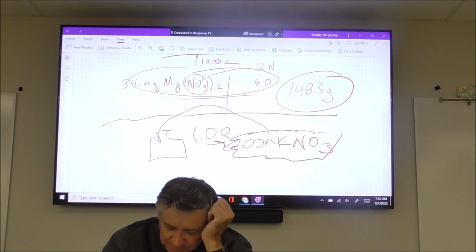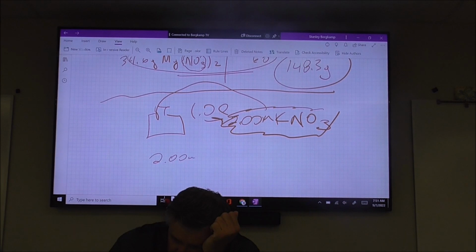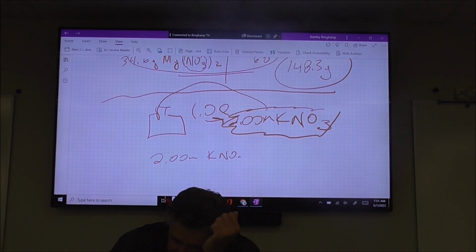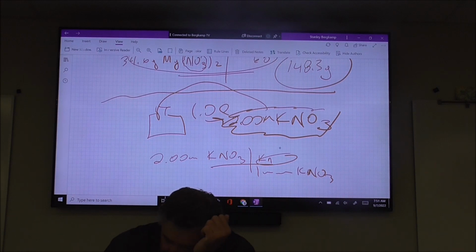So, here's the deal. You've got 2 moles of KNO3. You know that 1 mole of KNO3 is going to have a certain mass, and you're going to look at the periodic table and find this number. In this case, that's going to be around 100.